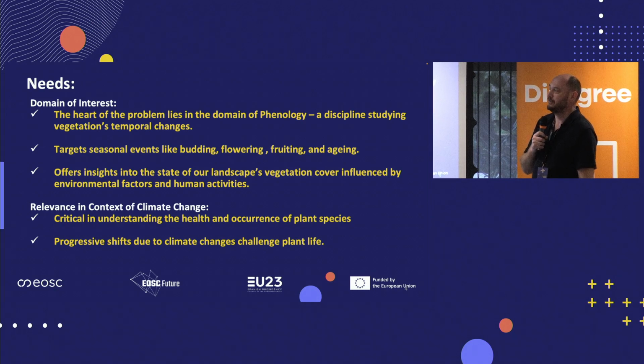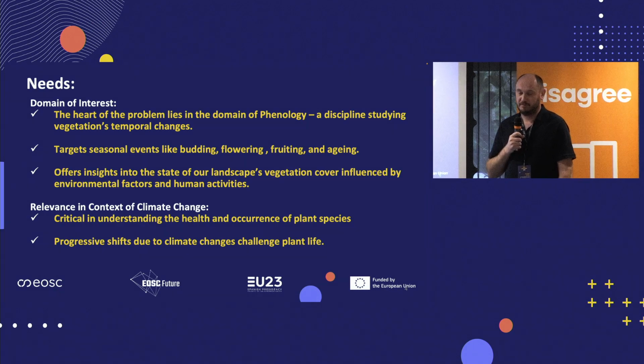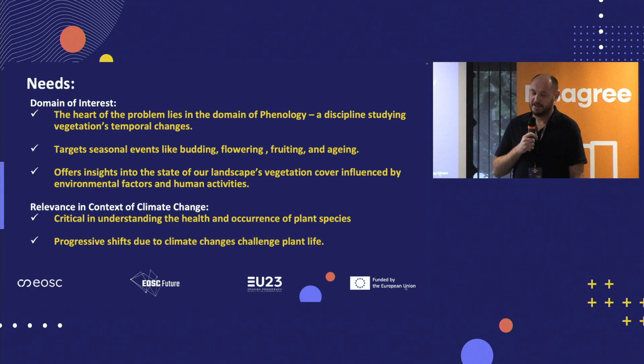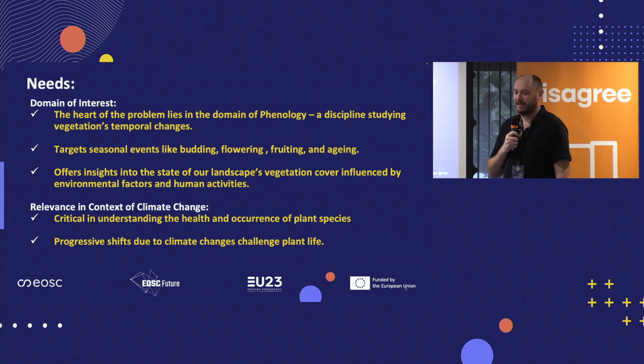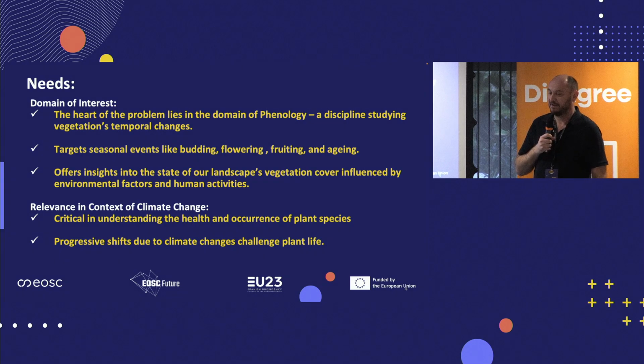The domain of interest, as you can see, is phenology. This discipline studies vegetation and temporal changes. That is the main idea. The targets are seasonal events like budding, flowering, fruiting, and aging.